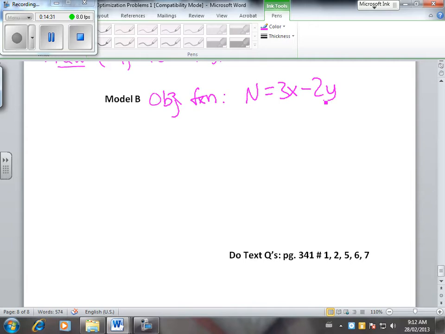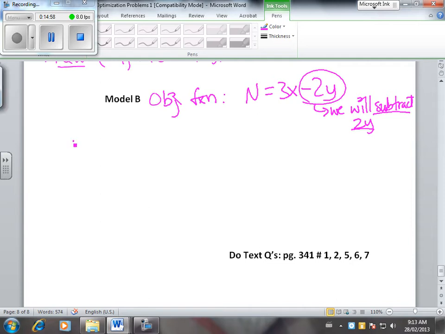And notice that we will subtract 2y. Okay, so instead of adding like we were seeing before, we're going to subtract this time if we were verifying our points.